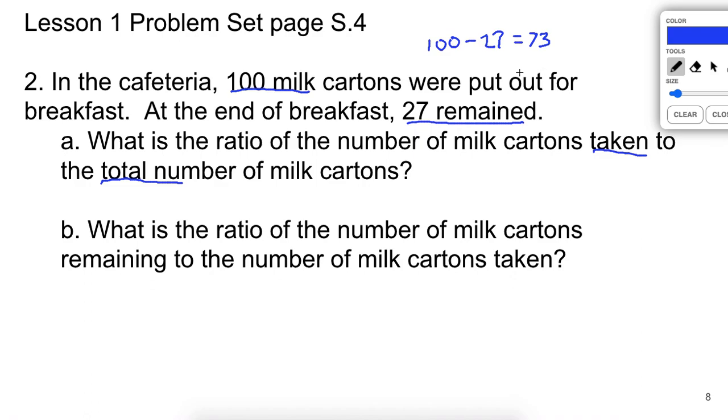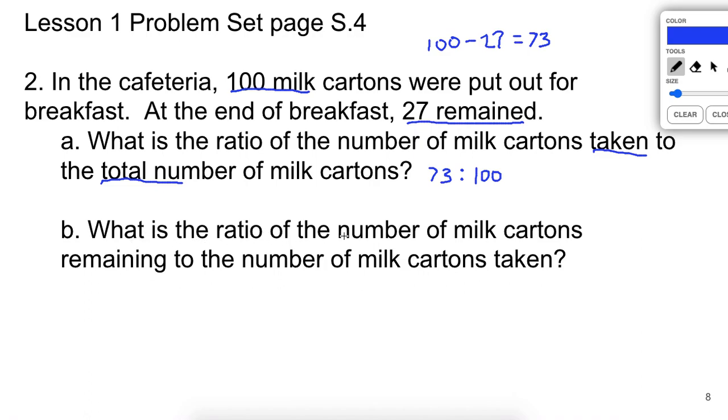So we end up with 73 milk cartons that were taken. So our ratio of taken would be 73 to 100. Okay, so 73 to 100. So that is our ratio there, and you could write it in any one of those forms, using the word to or also as a fraction.